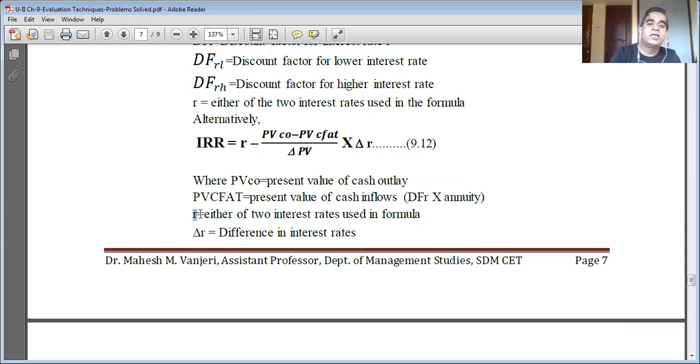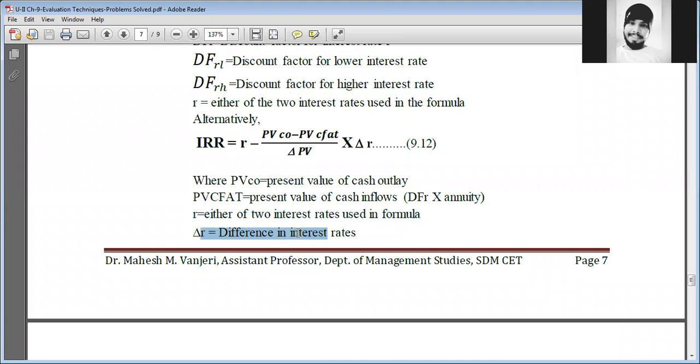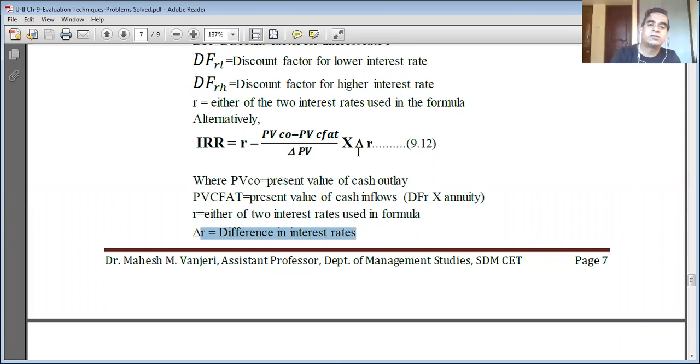Small r is either of the two interest rates used in the formula. If you use a higher interest rate, it is 9 minus. If you use a smaller interest rate, it will become 8 plus. Delta R is the difference in interest rates, like 9 minus 8. It always remains 1, do not bother about it.